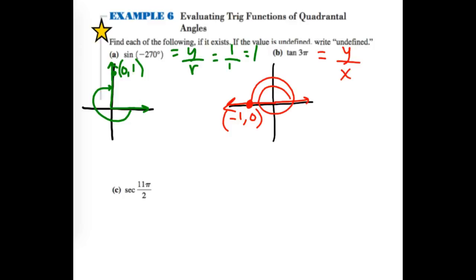Sine over cosine is another way to think of tangent. Sine is y, cosine's x. Y divided by x. So now I have 0 divided by negative 1, but 0 divided by anything is 0. So I would say the tangent of 3 pi is 0.